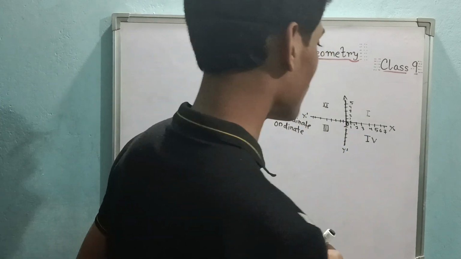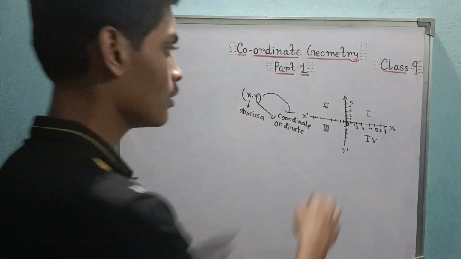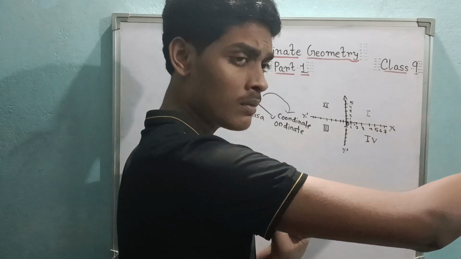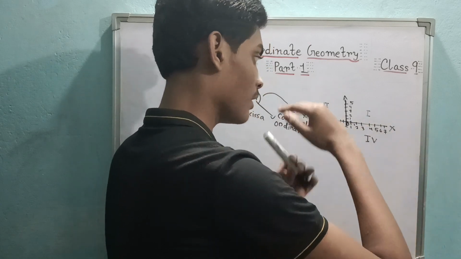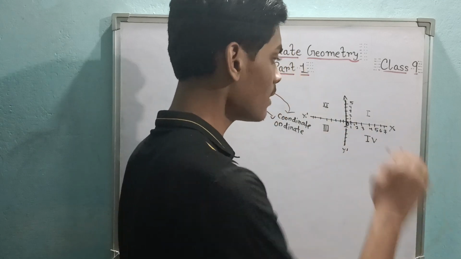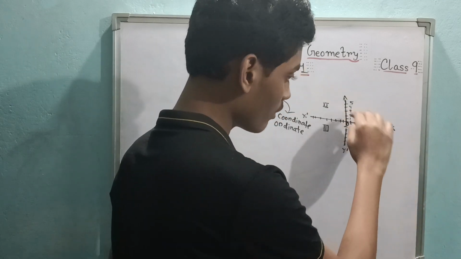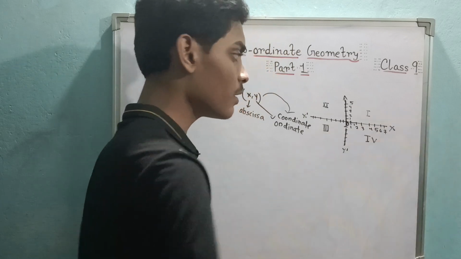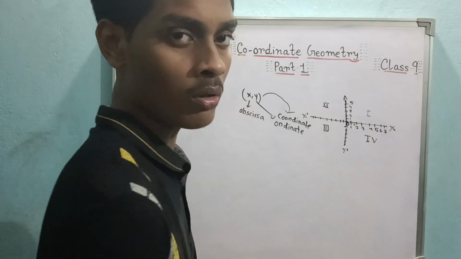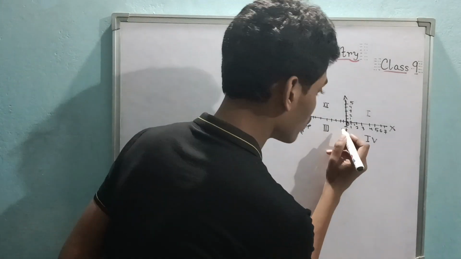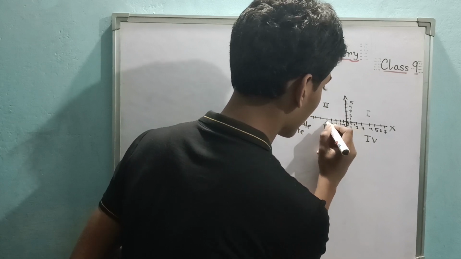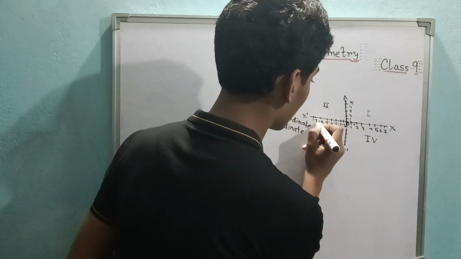Remember the number line: you have a 0 at the center, on the right side it goes positive, on the left side it goes negative. This x dash O x is actually a number line, where on the right side of O you have positive values and on the left side of O you have negative values. So -1, -2, -3, -4, -5, -6, -7.